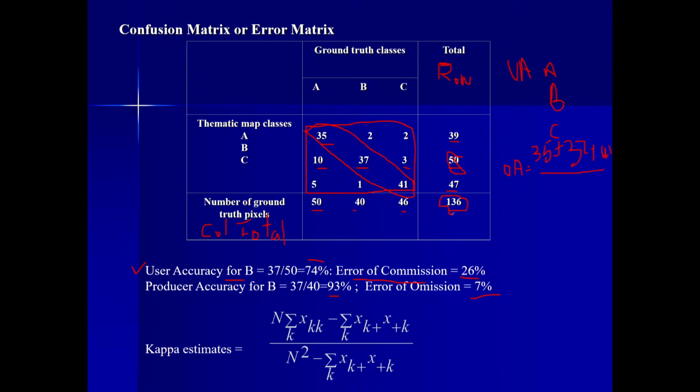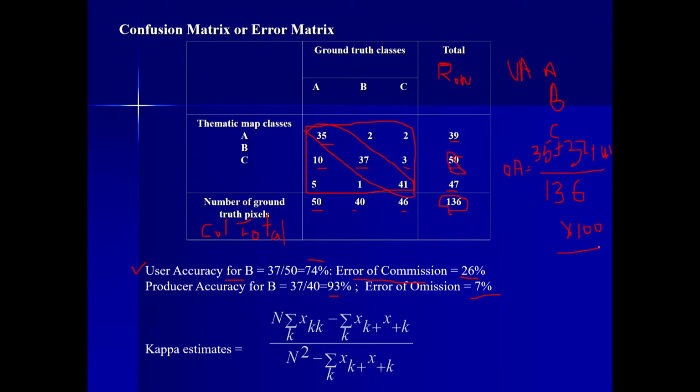Total samples here come to be 136. If you take all the row totals or all the column totals, the summation will be 136. That is the total number of samples used for testing the classified map. And if you multiply this by 100, this will give you the overall accuracy of the classified map. So this is the third parameter.